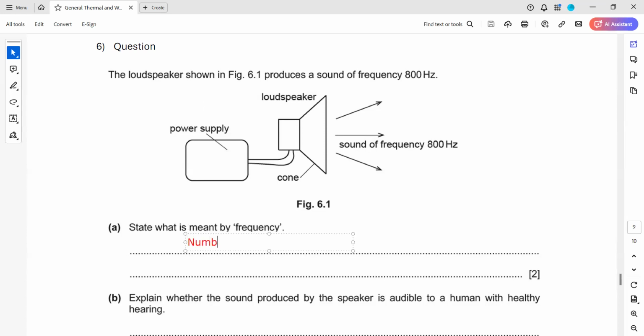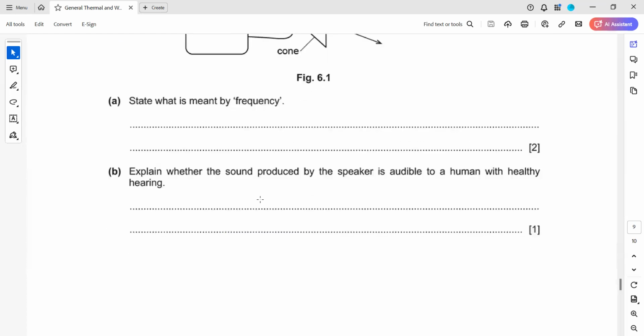So you can mention number of waves in 1 second or number of vibrations in 1 second, or in unit time. 1 mark is for number of waves, 1 mark is for unit time or in 1 second.